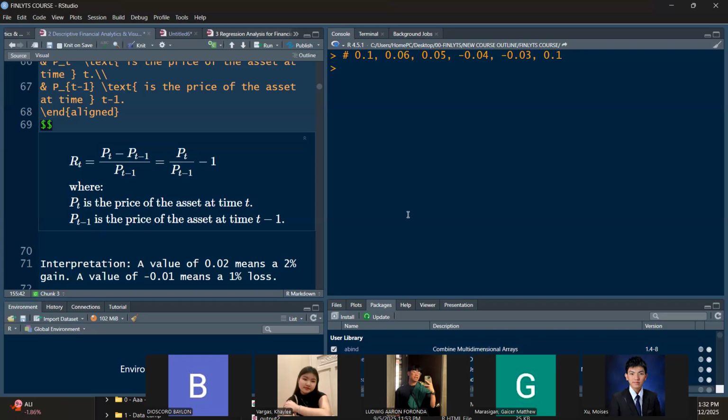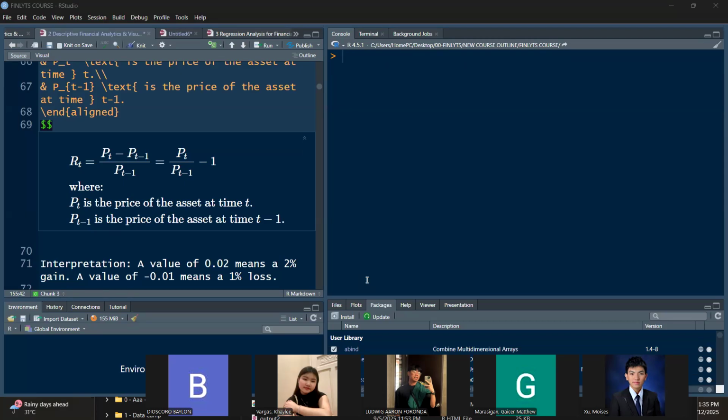Waiting for your answer, class. It's a very simple question. What is the total return of this asset having these returns? Total simple return. Anyone, please? What return are you getting?